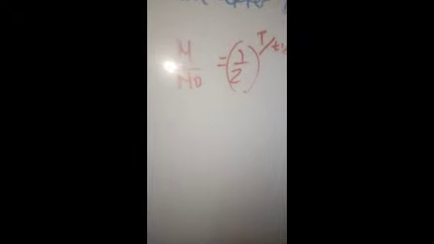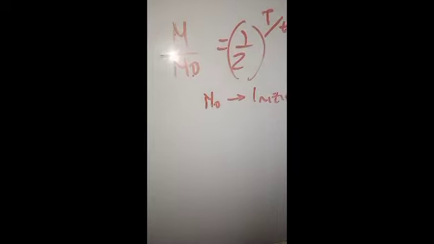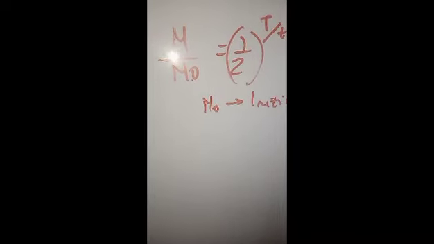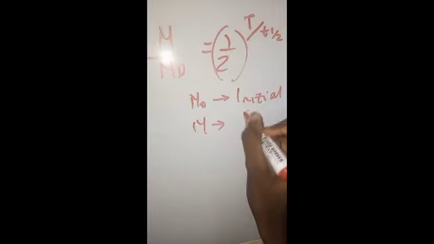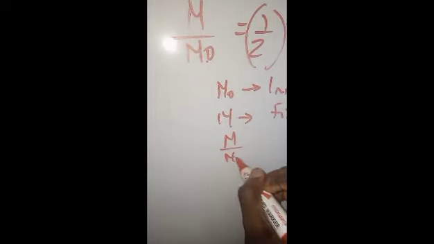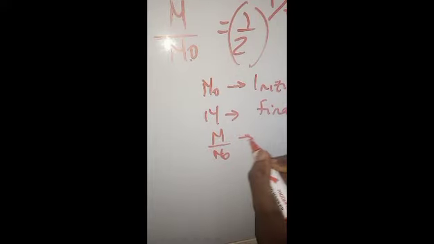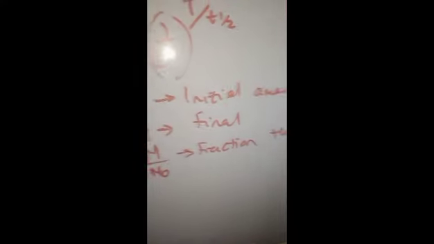N naught is the initial amount. N is the final. If they ask you to find the fraction, N over N naught is the fraction that decayed.